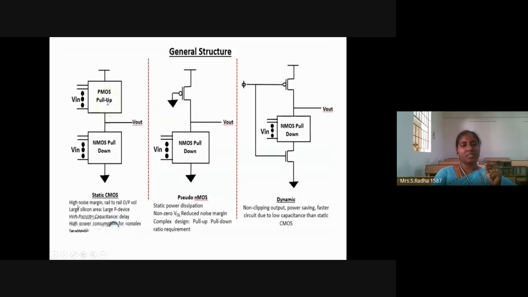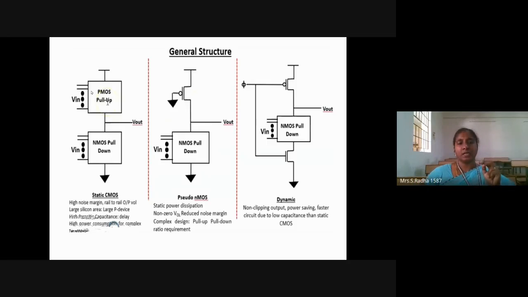But this leads to issues with noise margin and rail-to-rail output voltage, large area during fabrication, and the number of PMOS transistors is large. In order to reduce the number of PMOS transistors, we go to the next design, pseudo NMOS. Power consumption is also high because an equal number of PMOS transistors are used in static CMOS logic.